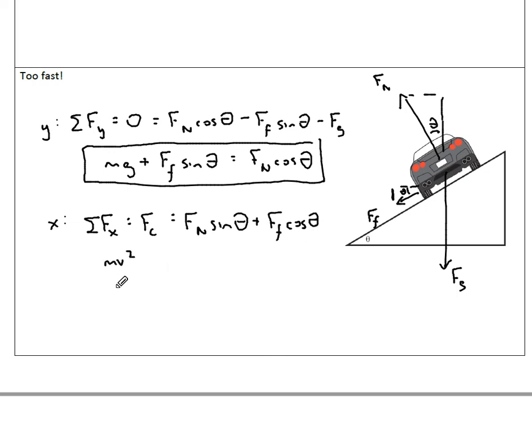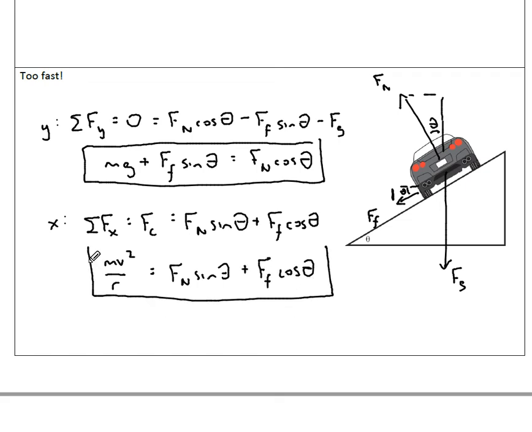So mv squared over r is equal to Fn sine theta plus force of friction cos theta. So our equations are pretty much identical. The only difference is the sign: you notice that the force of friction signs are just flipped around. It's the only difference.